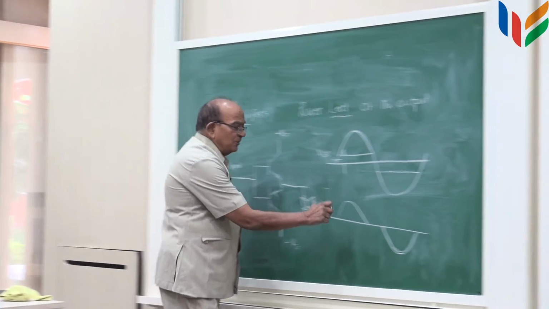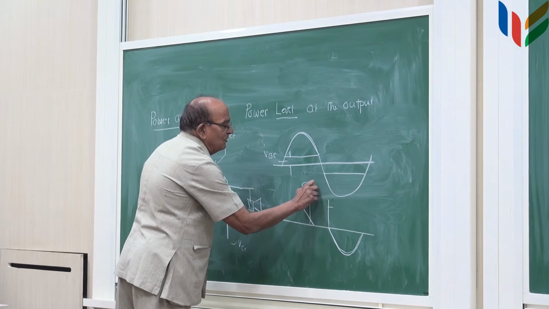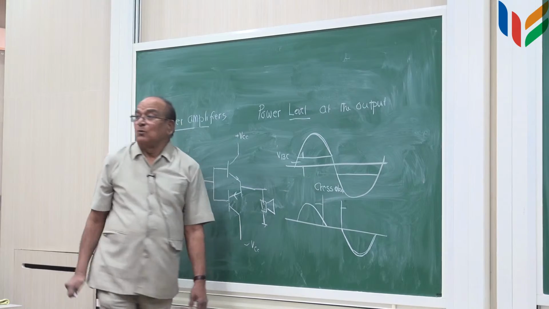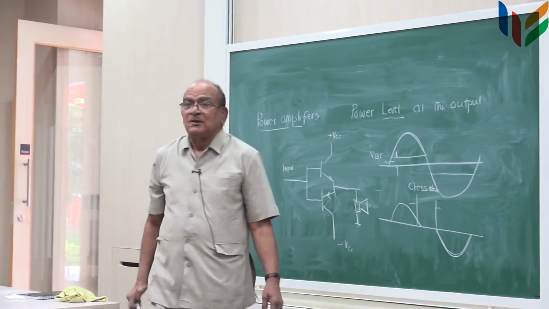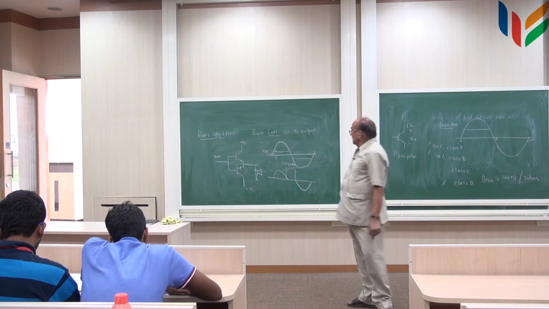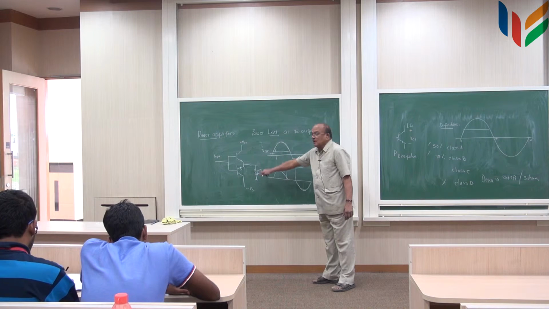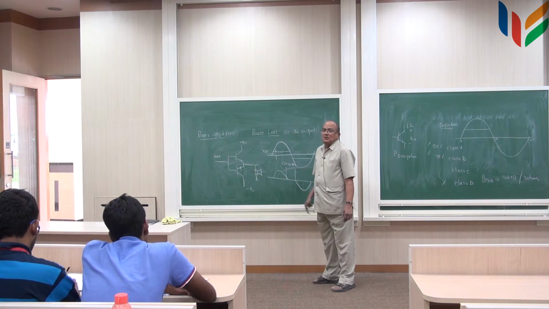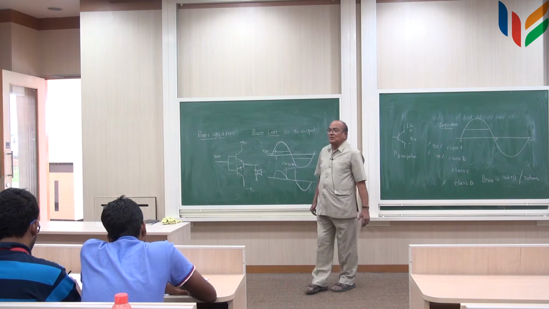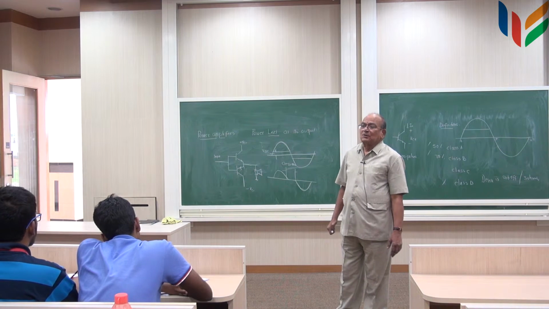So, this is what people call the crossover distortion. Because of this crossover distortion, there is a dead band here. Means neither this nor that will be conducting. So, there will be a dead band. And if you now see this waveform, this is not a sine wave, so it will have all kinds of harmonics in it. The harmonics lead to distortion.